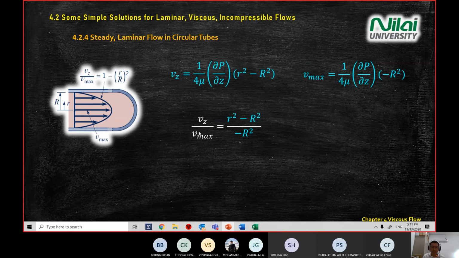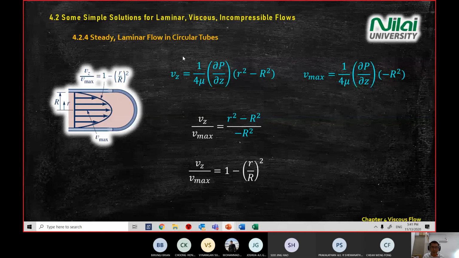At the end, the ratio gives you R squared minus capital R squared divided by minus capital R squared. You rearrange, you get 1 minus the ratio of R squared. All this originates from the Navier-Stokes equation. Based on the assumptions, we reduce to these two.